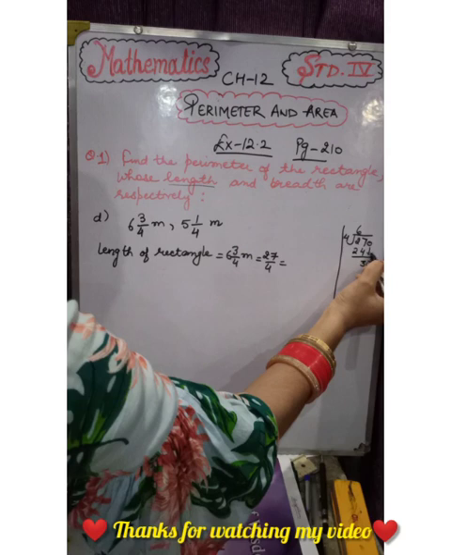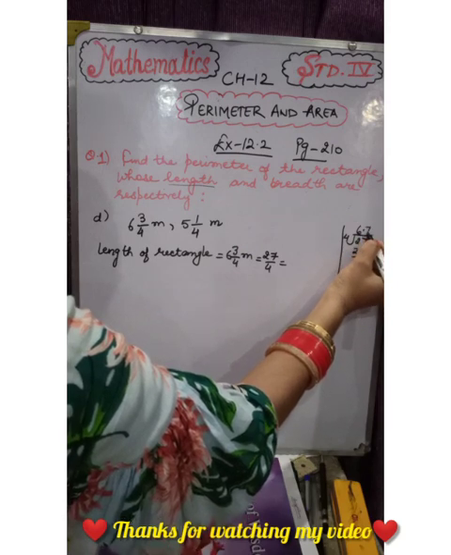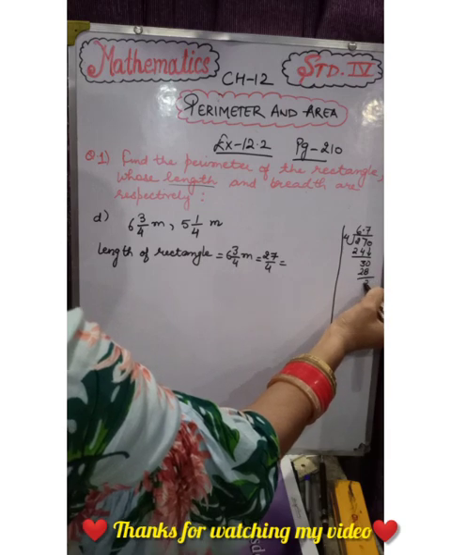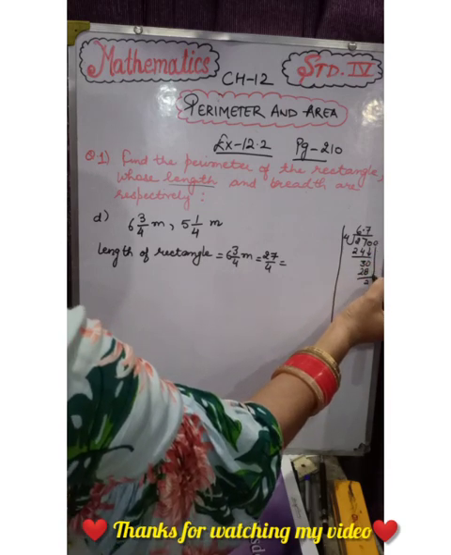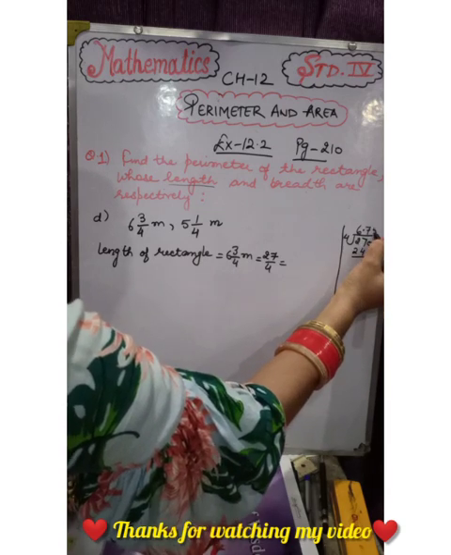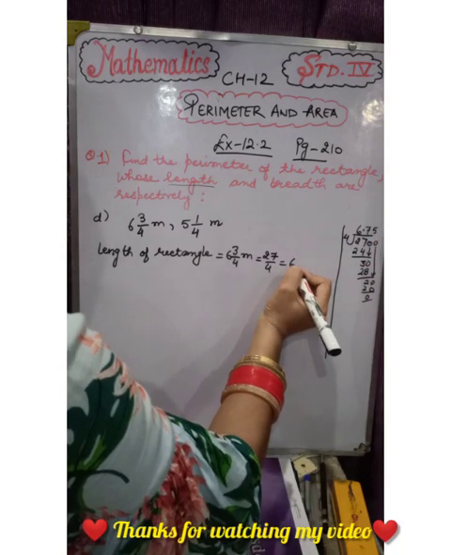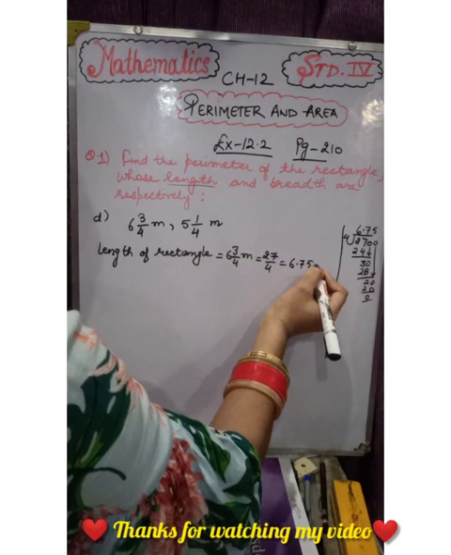We'll bring this 0 down. 4 7s are 28. Again one more 0, will bring it down. 4 5s are 20. So your answer is 6.75 meter.